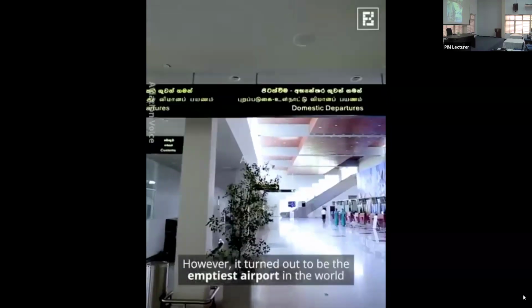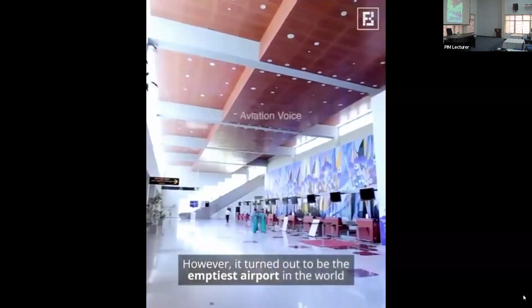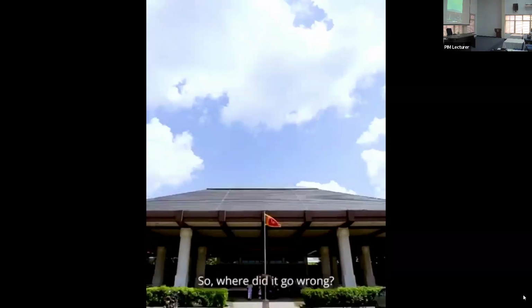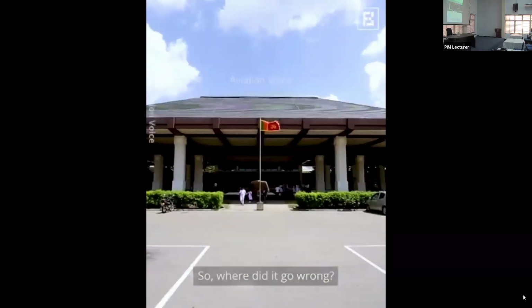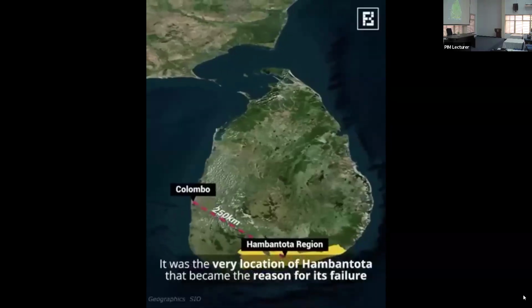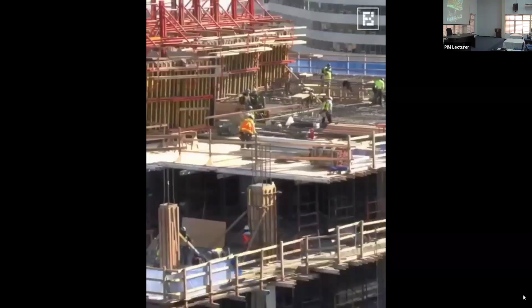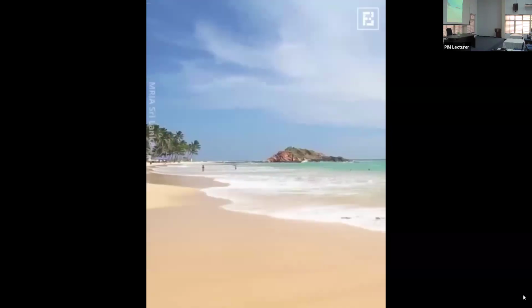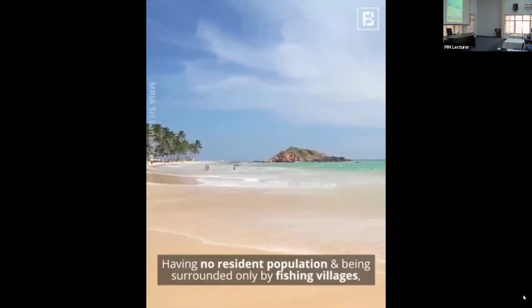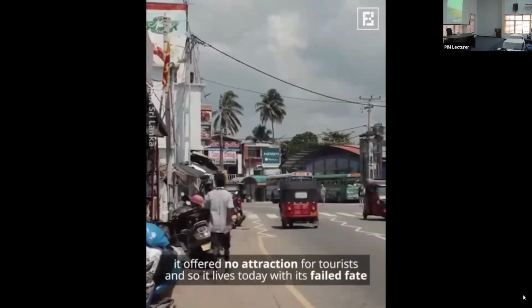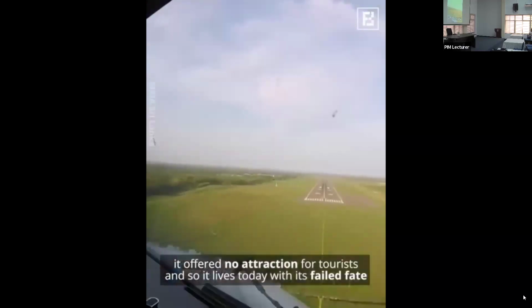However, it turned out to be the emptiest airport in the world. So, where did it go wrong? It was the very location of Hambantota that became the reason for its failure. Having no resident population, and being surrounded only by fishing villages, it offered no attraction for tourists, and so it lives today with its failed fate.